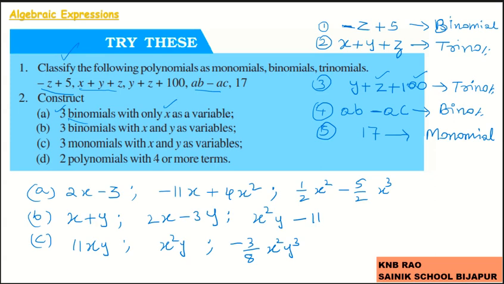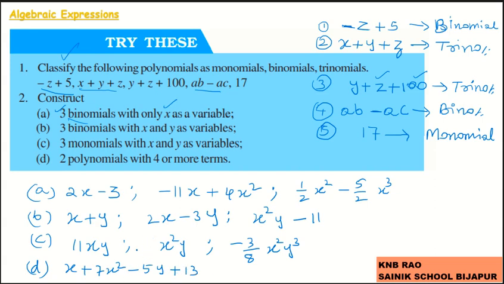Now, 2 polynomials with 4 or more terms. So I will make x plus 7x square minus 5y plus 13.